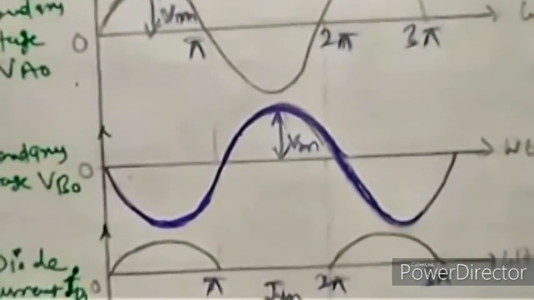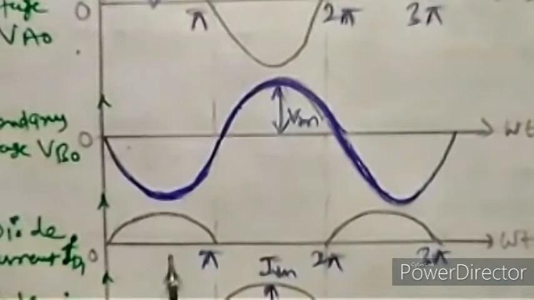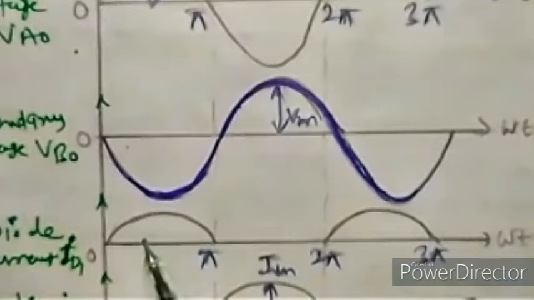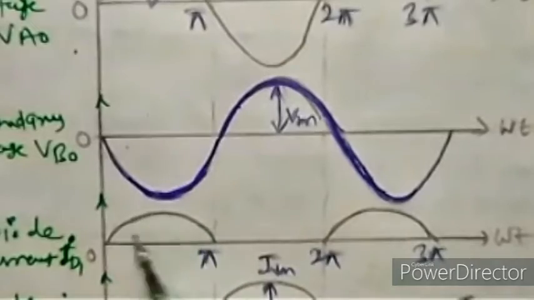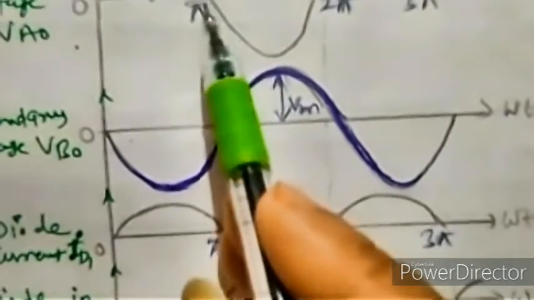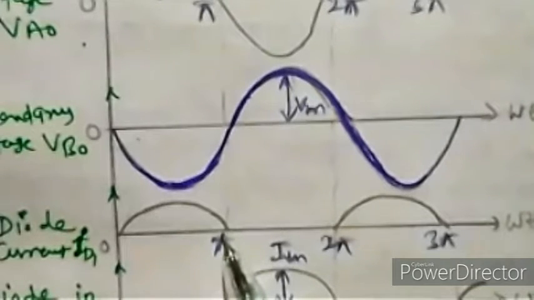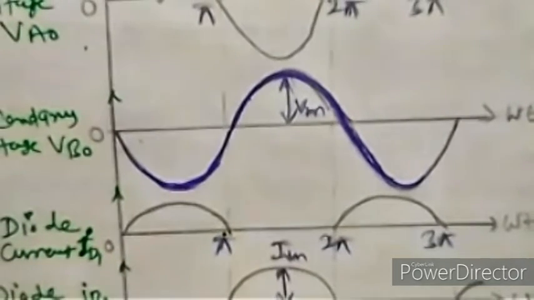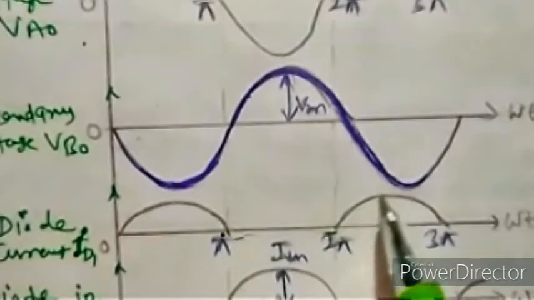For the diode current ID1, D1 will be forward biased when the positive cycle comes. The diode current D1 flows then, and in this situation D2 is open circuited.